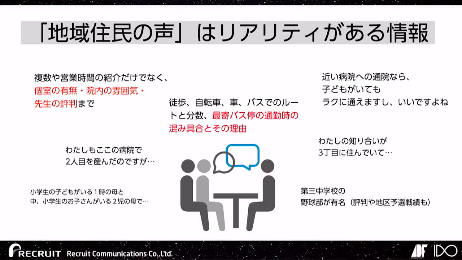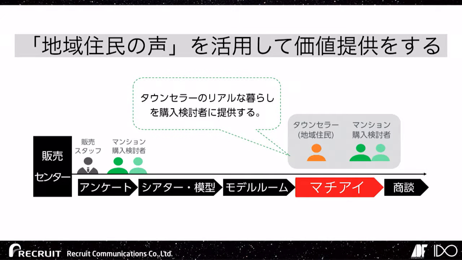And sometimes it's even difficult, even if you search on the websites. So those local people, they have more information about the hospitals or the schools. And sometimes they can find, even if you have children, you can go to the hospitals very easily. And then that kind of specific information cannot be delivered sometimes.